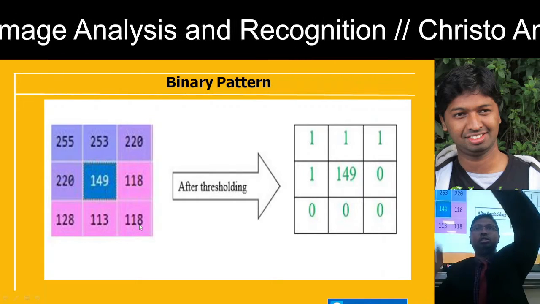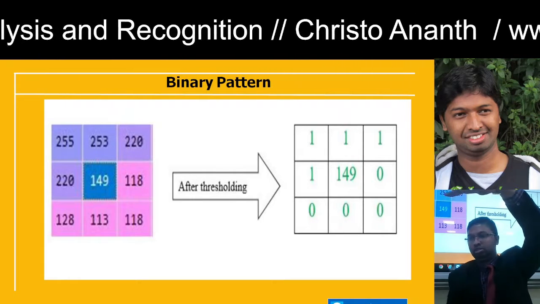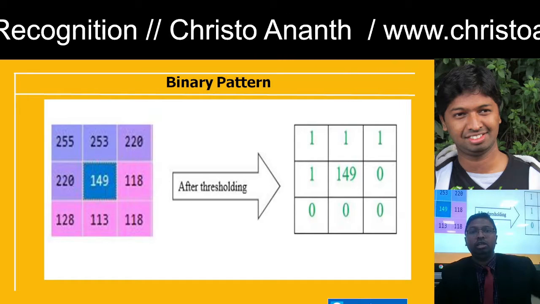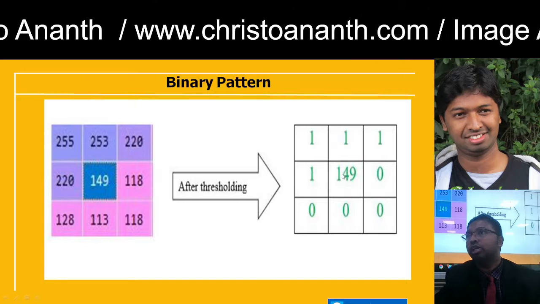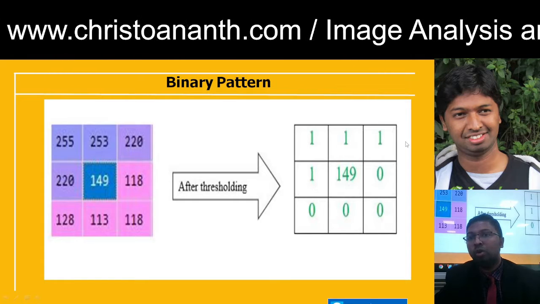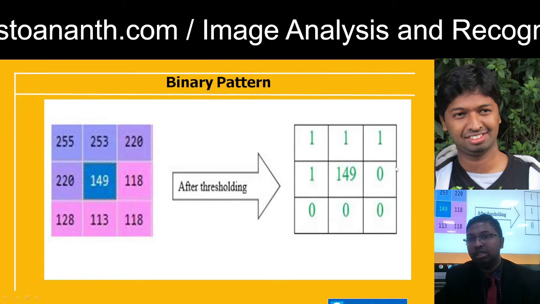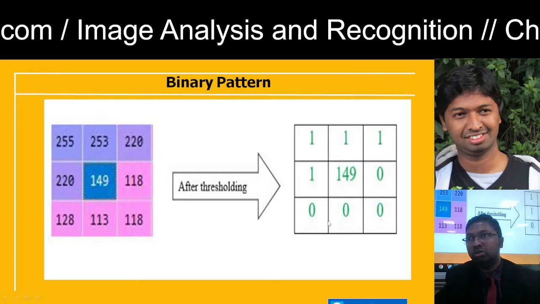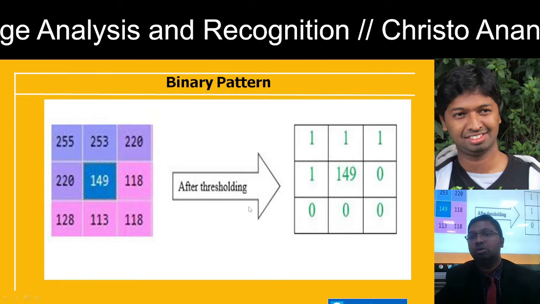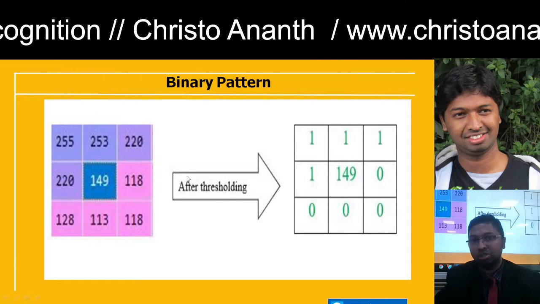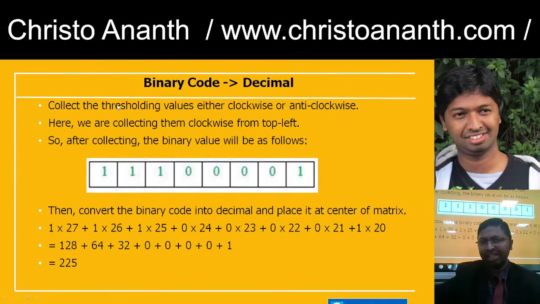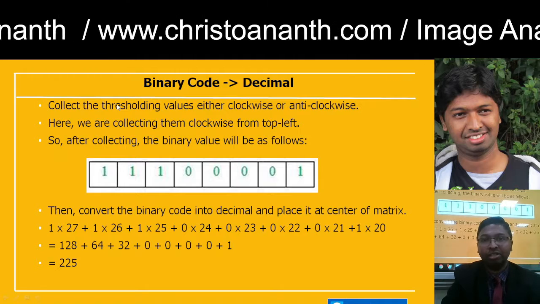Here you find it like this. This is the center value 149. This one 1111, this one 0000. So this is after thresholding. So collect the thresholding values. What did you have?